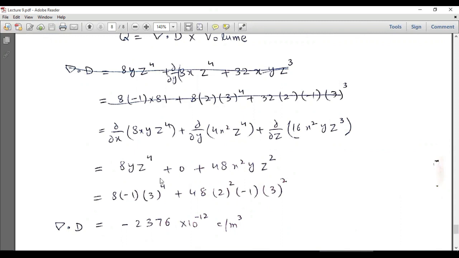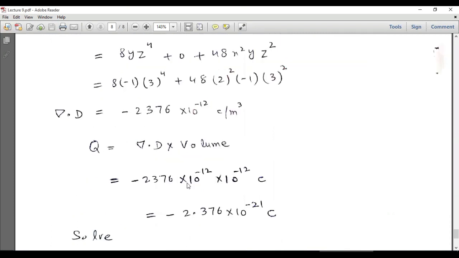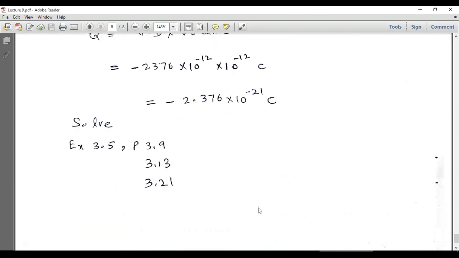Now put the coordinates of this point, 2, minus 1, 3 over here, and at the end we get this expression for the divergence of D, which is equal to rho v. So multiply this rho v with the total volume, which is 10 raised to power minus 12. So finally we get this expression of minus 2.376 into 10 raised to power minus 21 coulomb, which is the total charge.